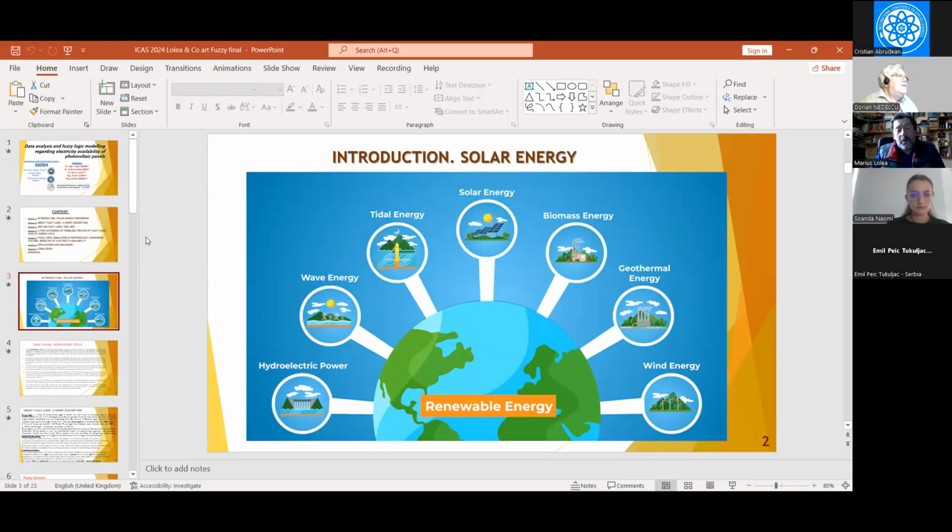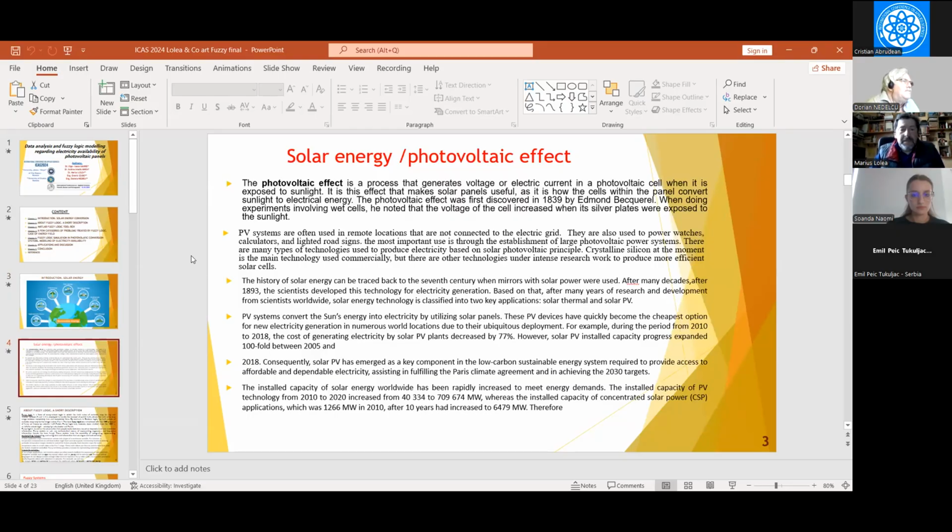After that, transformers in industry extract the most powerful form of potential. In the introduction, we discuss solar energy with the photovoltaic effect.